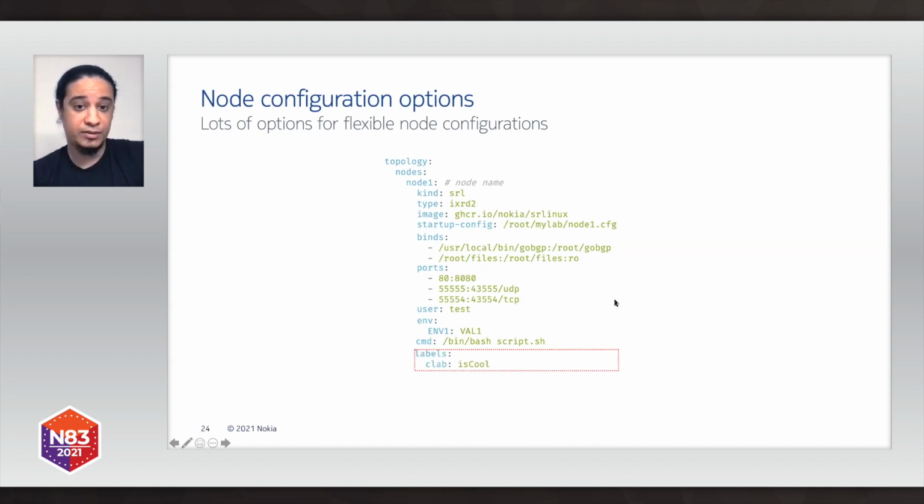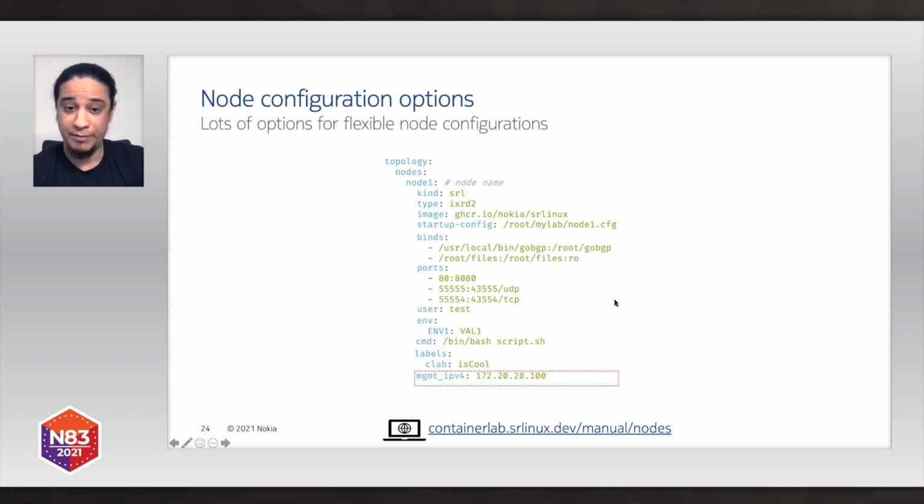The labels field allows you to assign Docker labels to your nodes. That way you'll be able to query a certain subset of the nodes running in your topology, or filter out the ones you don't need for that specific command you are running.